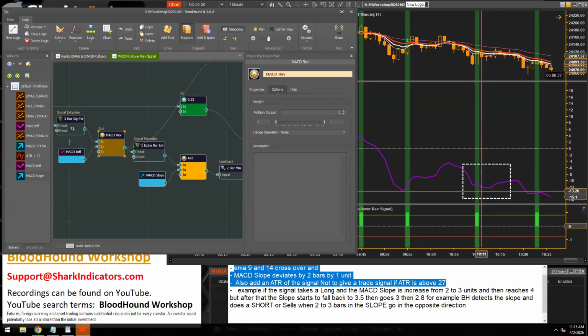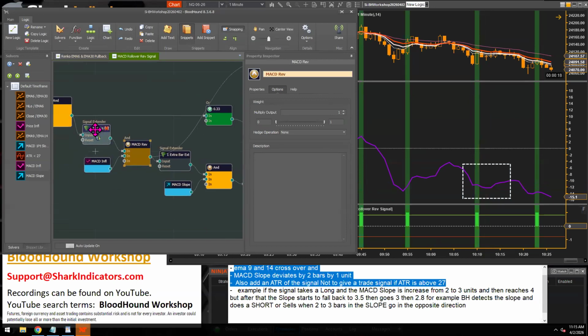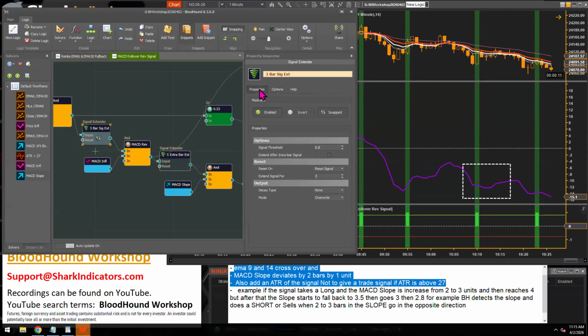So, if you wanted to allow the MACD to reverse up twice, then you would just take the signal extender and put it on the properties tab here. So you just need to take the signal extender and extend it out even further, extend it way out here.